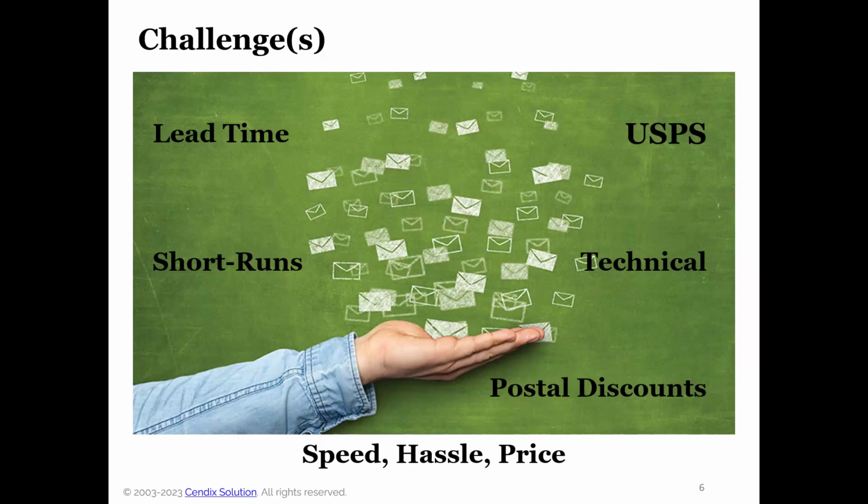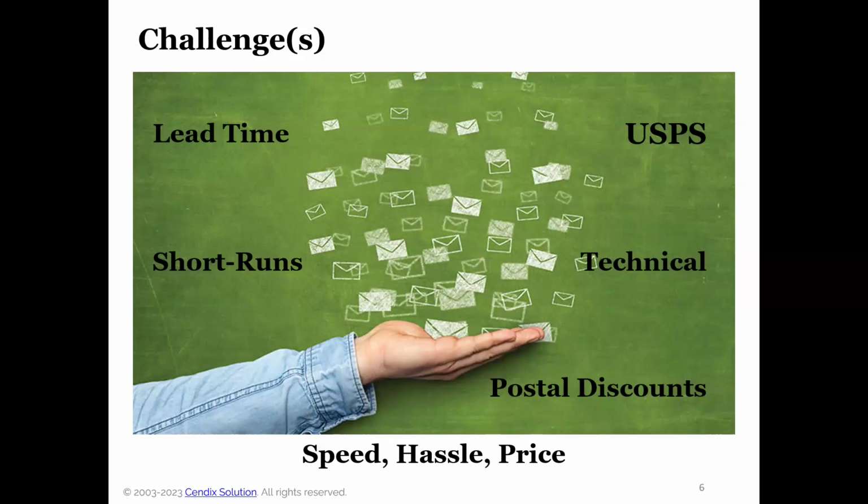And thirdly, this is an area of postal discounts. If we're going to send mail through the mail, most of the cost is in postage. And so we'd like to get postal discounts when they're available, which requires us to do something called pre-sort. Pre-sort requires sorting the address list and sorting the mail into carrier route order, bundling it up, putting it in trays, putting on tray labels.